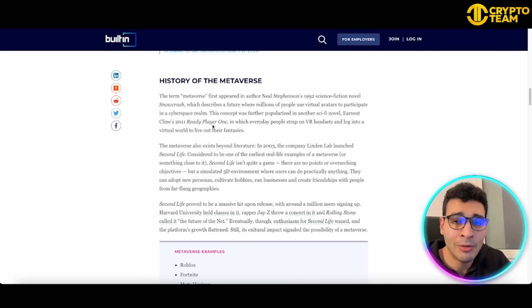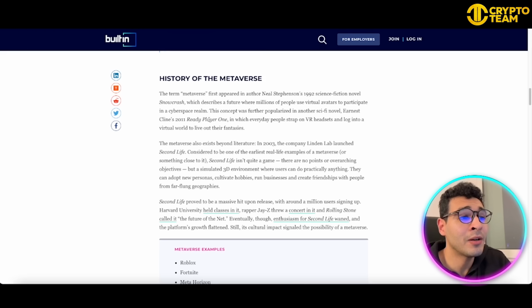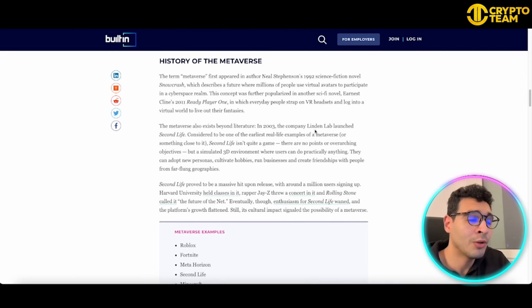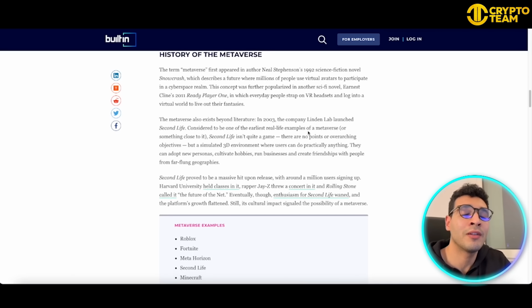You can interact, you can game, you can chat with friends, you can buy things, you can develop lands, you can do whatever you want. And this concept was further popularized by the novel Ernest Cline's Ready Player One in 2011, in which everyday people strap on a VR set and log into a virtual reality, the virtual worlds of their fantasies. So that's a small glimpse of the Metaverse history.